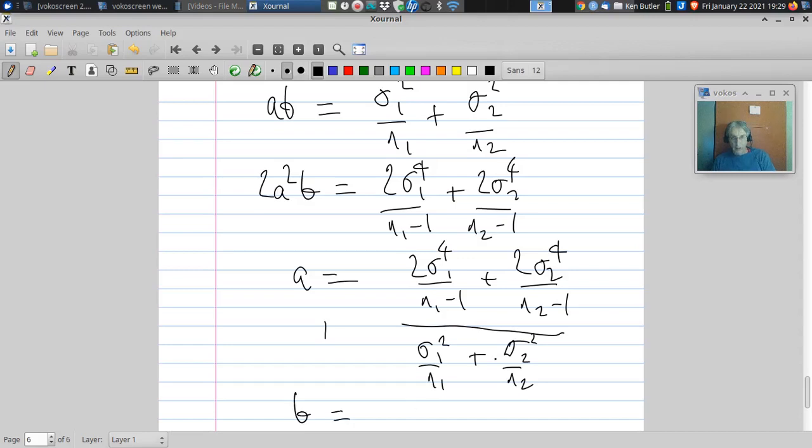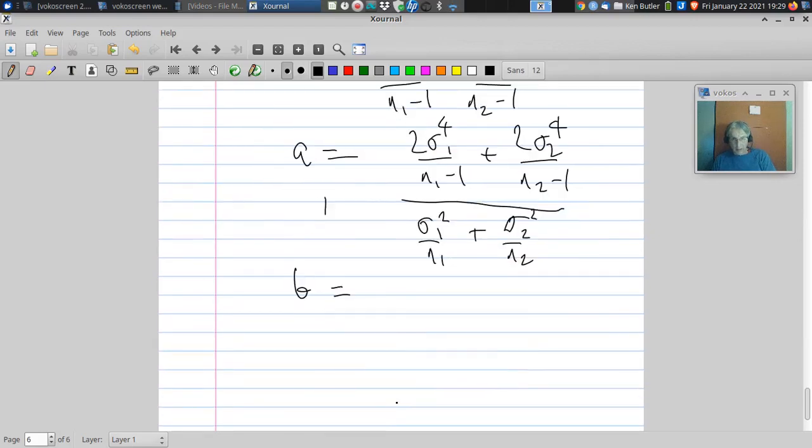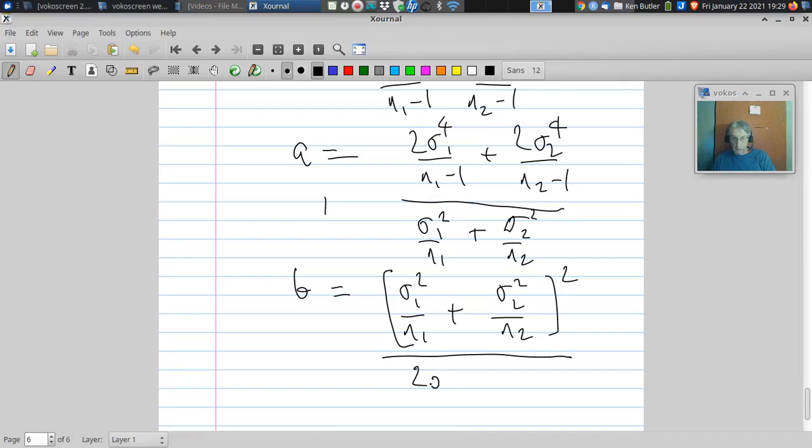So I've got to take the top one and divide it by B. So where I'm going to end up is with a whole bunch of stuff squared, that squared divided by the thing that's on the top of A. Where are we? 2 sigma 2 to the 4th.